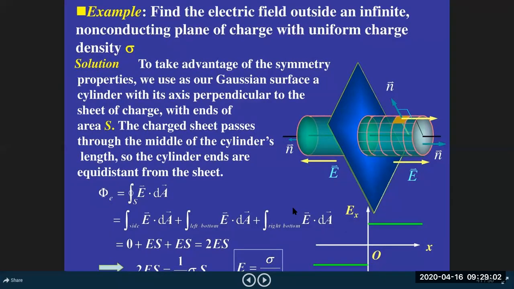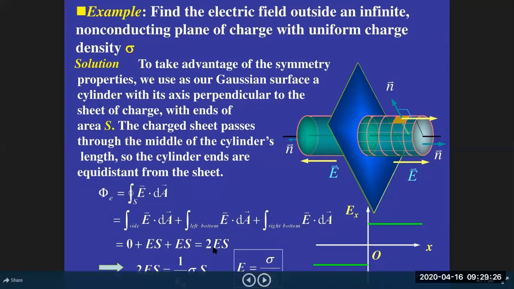After that, what we have to do is equate this flux with the total charge enclosed by the pillbox divided by epsilon naught, as Gauss law says: the net flux through a surface enclosing a certain amount of charge is just equal to 1 by epsilon naught times the charge enclosed by the surface.